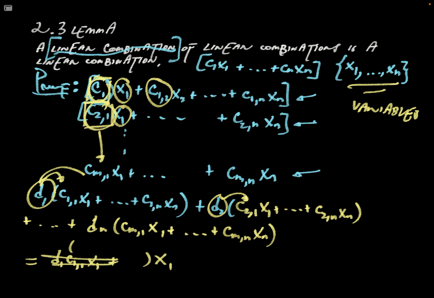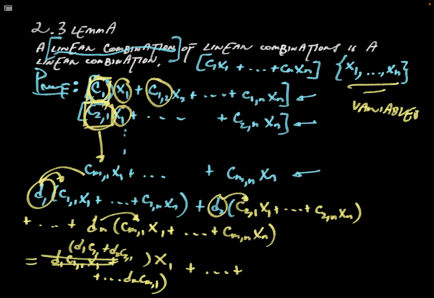And then on the inside, what are you going to have? You're going to have d1 c11 plus d2 c21 plus dot dot dot going down, dm cm1, and then that closes off the parentheses here, x1 plus dot dot dot.